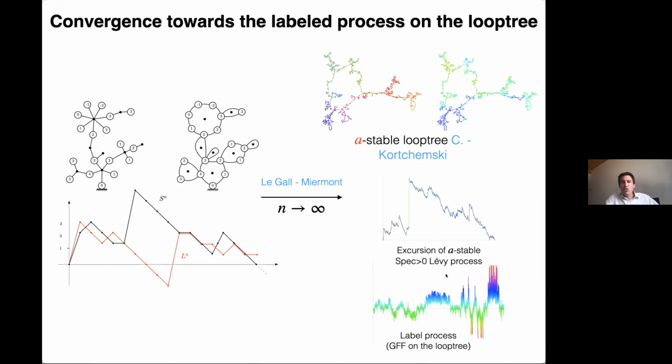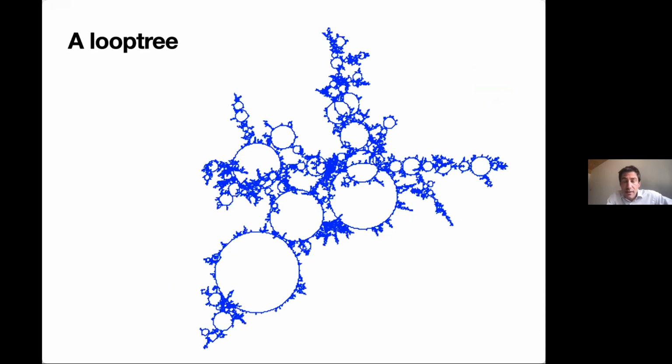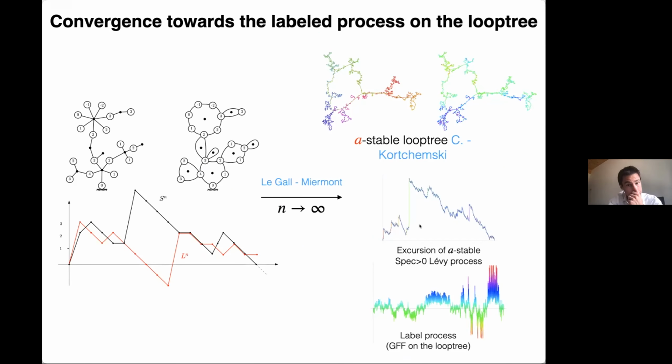Okay, to describe it, it's actually kind of simple because this excursion, this limit of the Lukasiewicz walk, this excursion of the α-stable Lévy process, encodes the scaling limit of this discrete loop tree that we introduced with Igor a couple of years ago, which is the so-called stable loop tree.